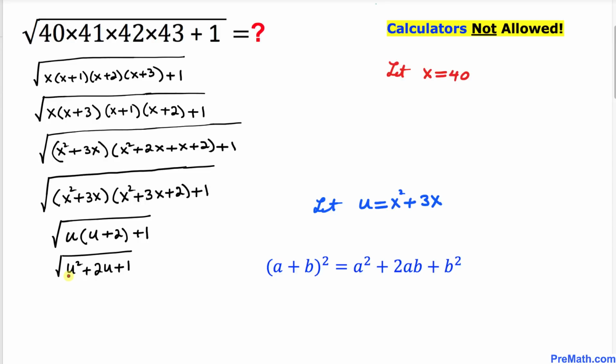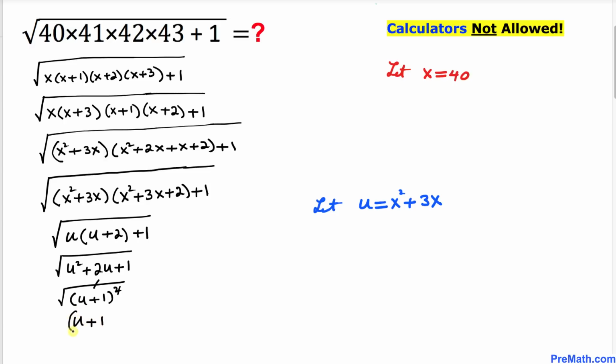Now we can see this part inside this radical represents a perfect square. So therefore we are going to use this formula. So we can write this as the square root of u plus 1 whole squared. And now we can see that this square root and square undo each other. So we got simply u plus 1.